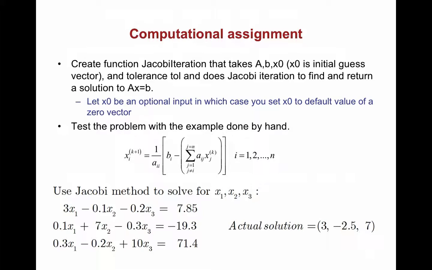You know how to design things. So now I would like you to create a function, Jacobi iterations, that takes my A, B, some sort of initial guess. You can call it X old because that's what we were using, or X0, however you want to call it, and some tolerance, and then perform Jacobi iteration until that tolerance is met. And you can use this system as a test system, right?